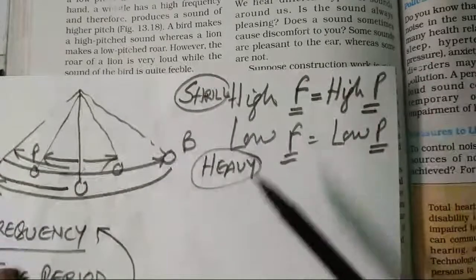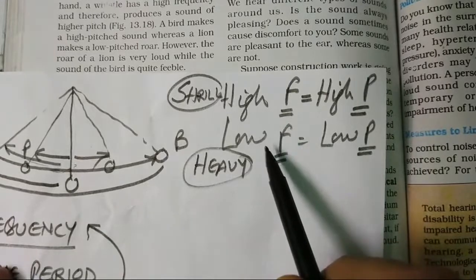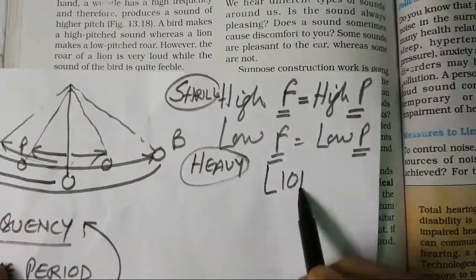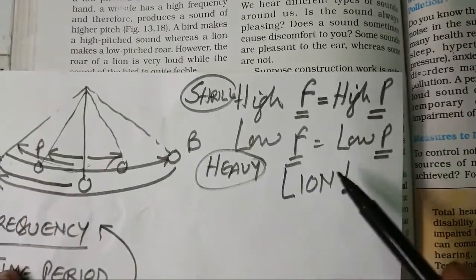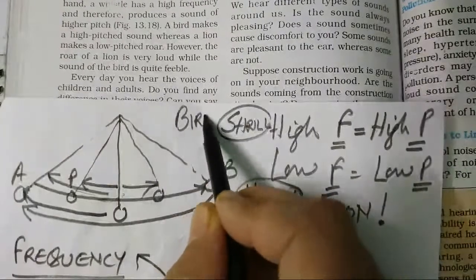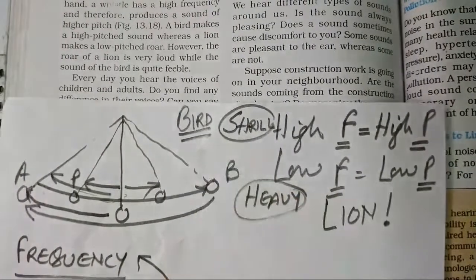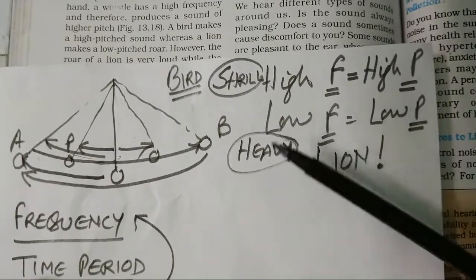So, are you comparing a woman to a bird and a man to a lion? Are boys or men compared to a lion and girls to a bird in the book? So it means men or boys are lion and girls are bird.